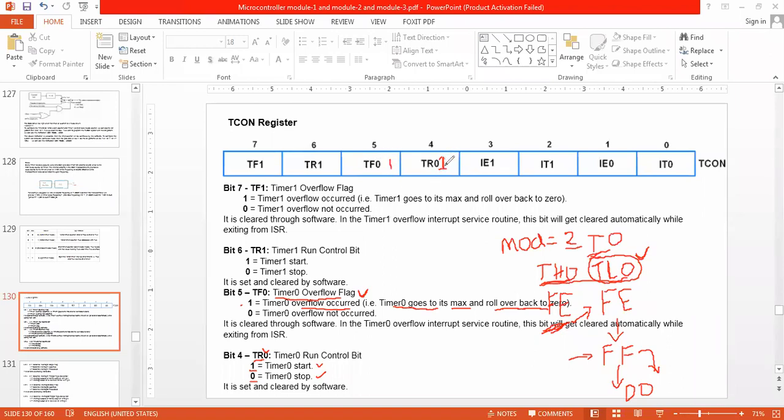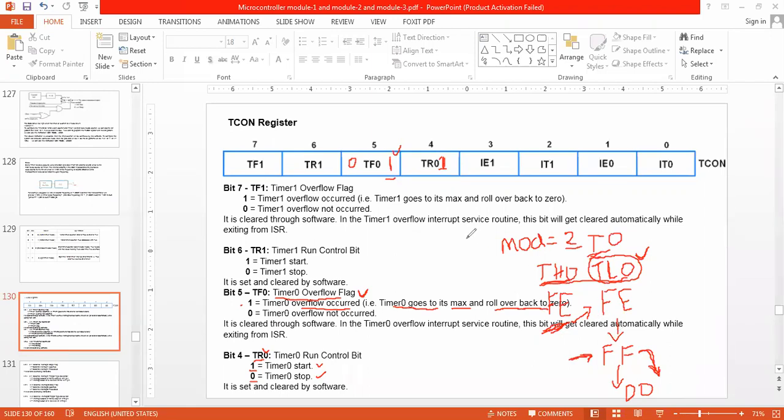Before it was 0, now automatically it will be 1. The timer 0 overflow flag will become high, so that I can come to know that there is a timer overflow.